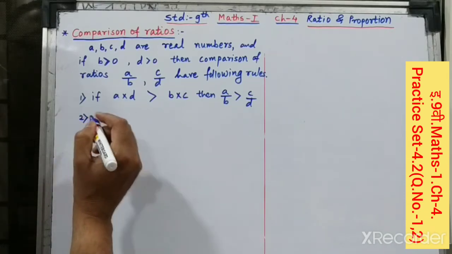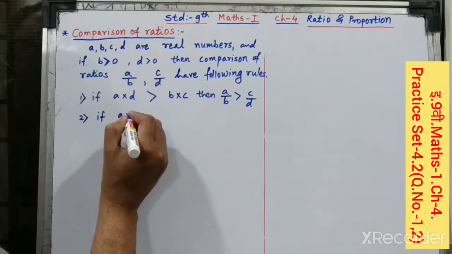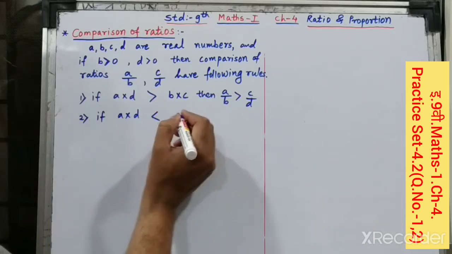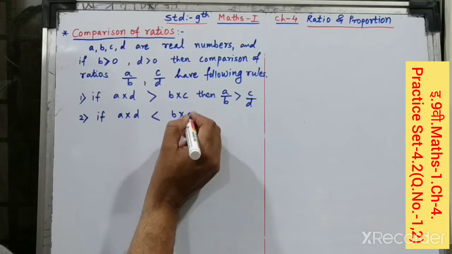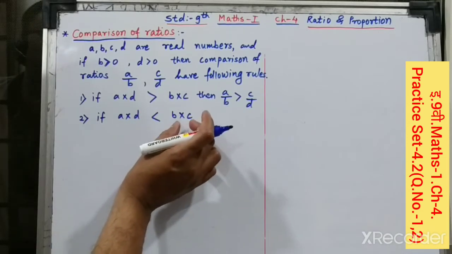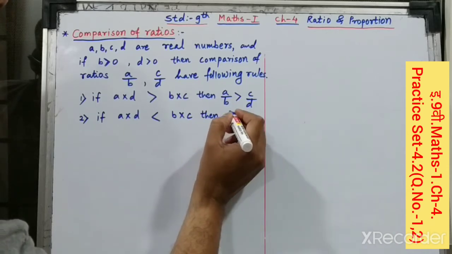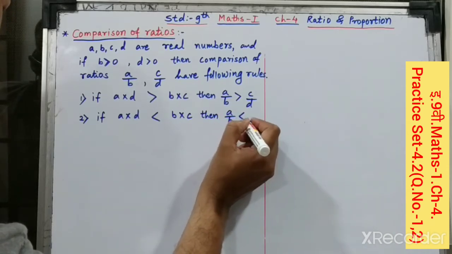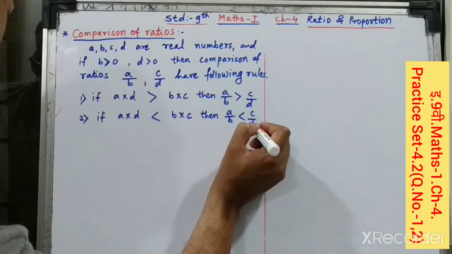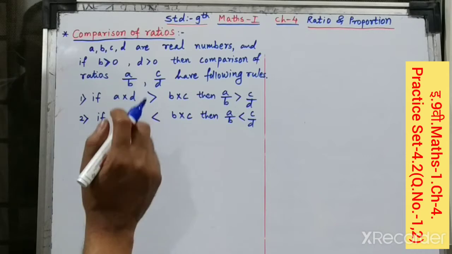Now the second rule is: if the product of A and D is less than B into C, means the product of AD is less than the product of BC, then A upon B is less than C upon D, means the same sign will be there between these two ratios.